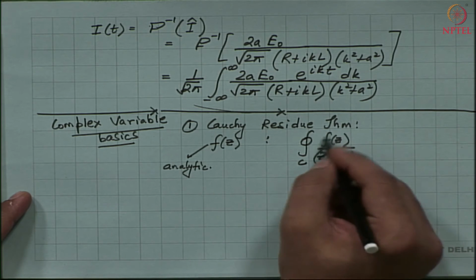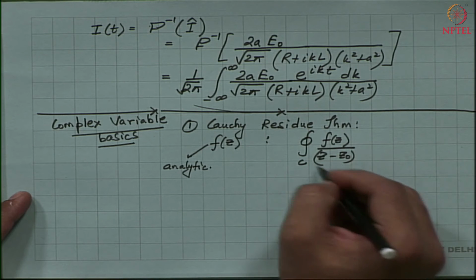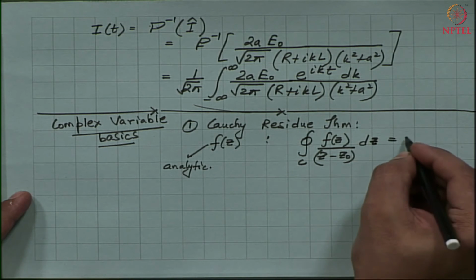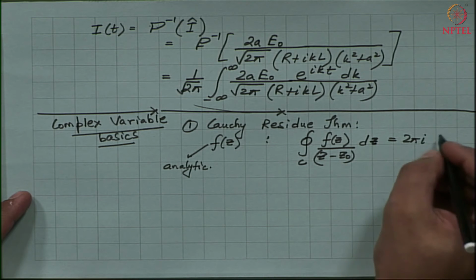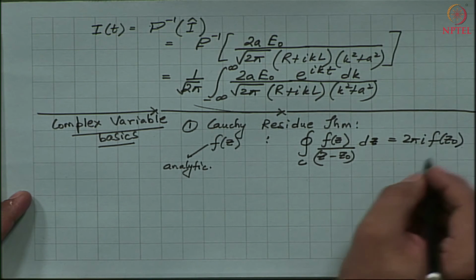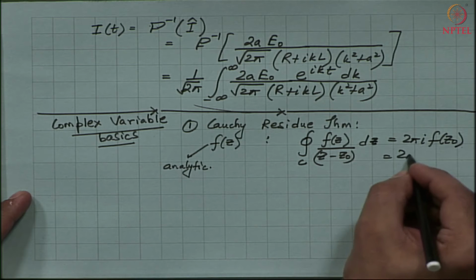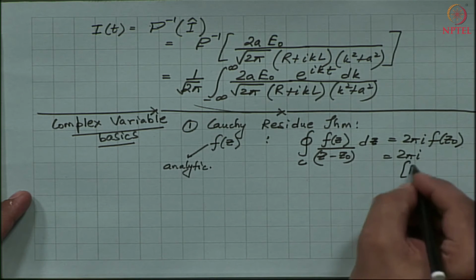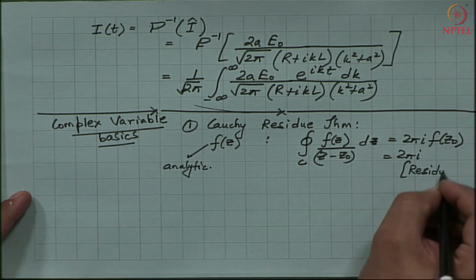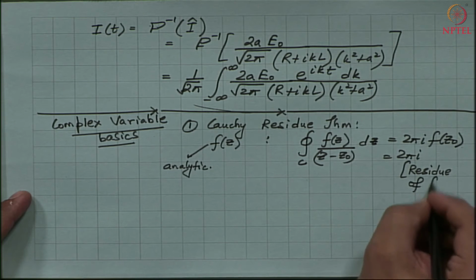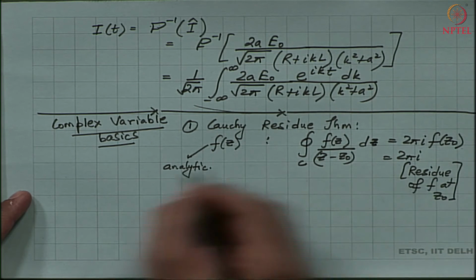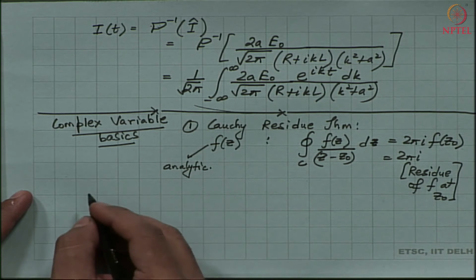So, if I have the integration of the following function, then over the complex plane this is equal to 2 pi i f at z naught, or this is also equal to the so called 2 pi i times the residue of f at z naught.